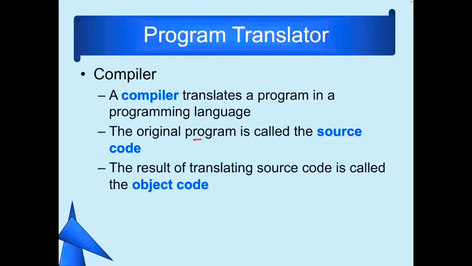When we use a compiler, that means we compile the program, we translate the source code into what we call the object code. In the assembler, it is from assembly language to machine code, but in the compiler, the output is object code.